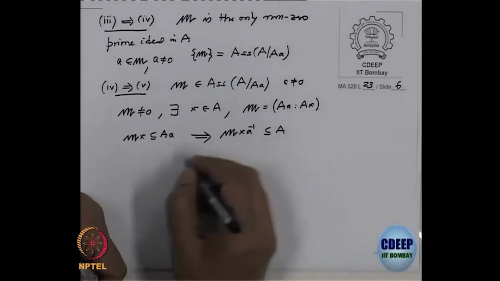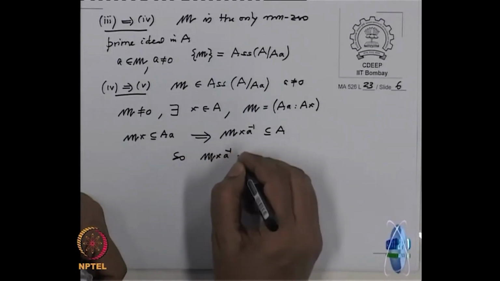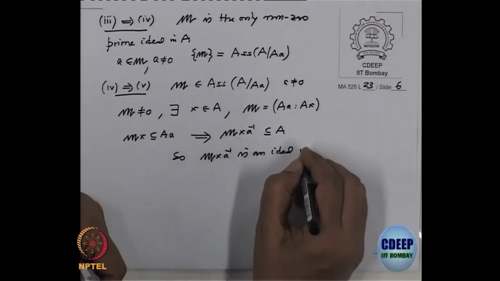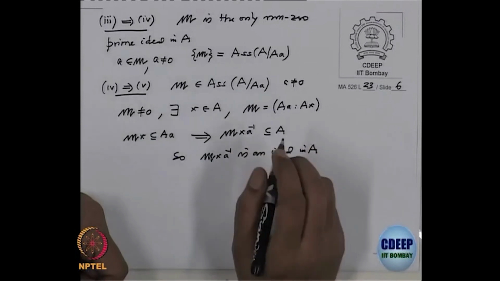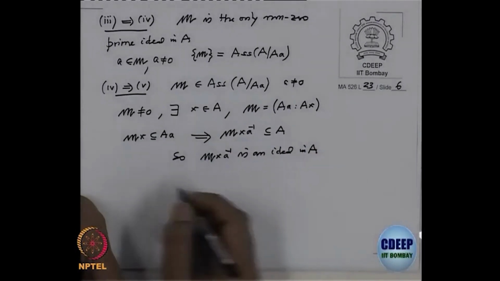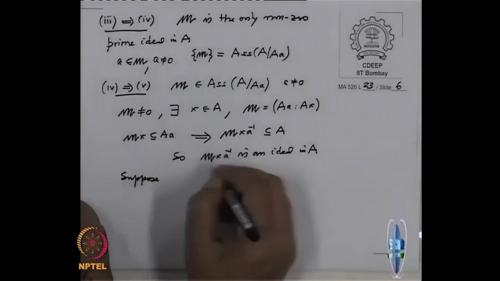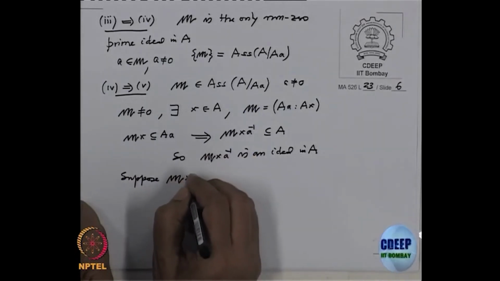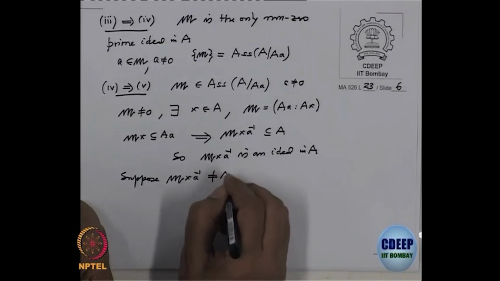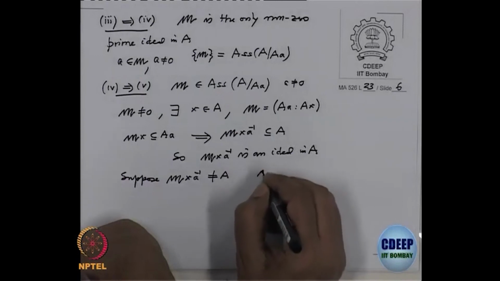So, M x a inverse is an ideal in A. And I want to check that now, suppose M x a inverse is not a proper ideal, then what happens? Let us see. Then it has to be contained in the maximal ideal.